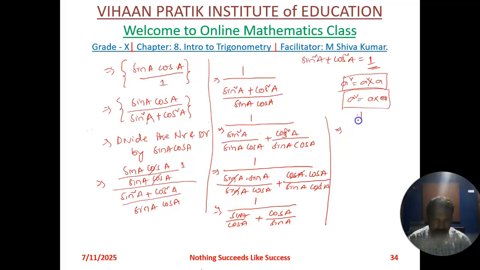So which will equal to 1 divided by tan A plus cos A by sin A is cot A. Now which is the answer, students? RHS. Therefore, LHS equals RHS. Please go through it. If you got any doubt, please text me, students. Thank you.